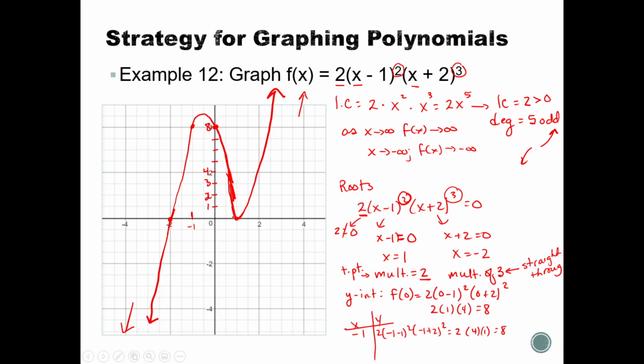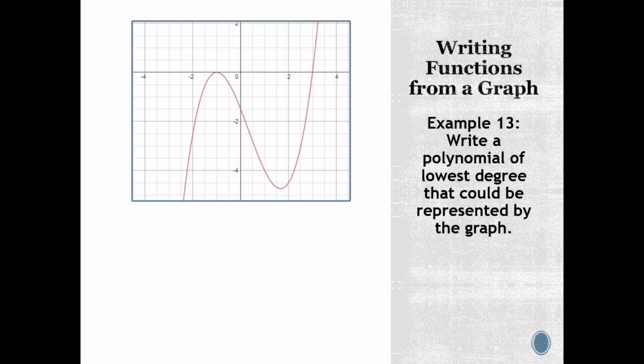Okay? Now, the last thing we can do is we can actually be given the graph and figure out the polynomial that gives us that graph. And so what we're going to do is we're going to look at the end behavior. And because the end behavior goes in opposite directions, I know it is an odd degree. Okay? Now it says the lowest degree possible.